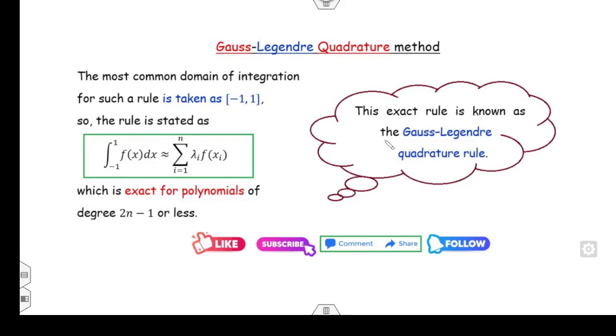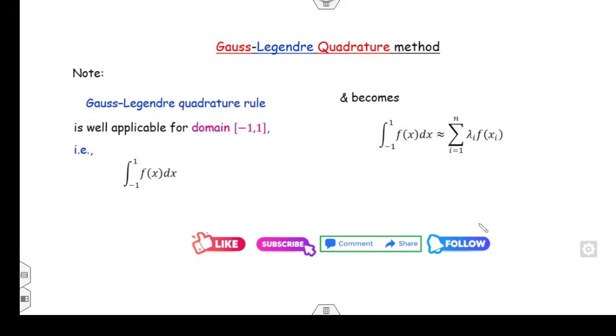But students, make sure that this rule is called the Gauss-Legendre Quadrature rule, or sometimes it is only called the quadrature rule, or sometimes the Gauss quadrature rule. Fine. Now, as I mentioned, it is well applicable only for the domain from -1 to +1.